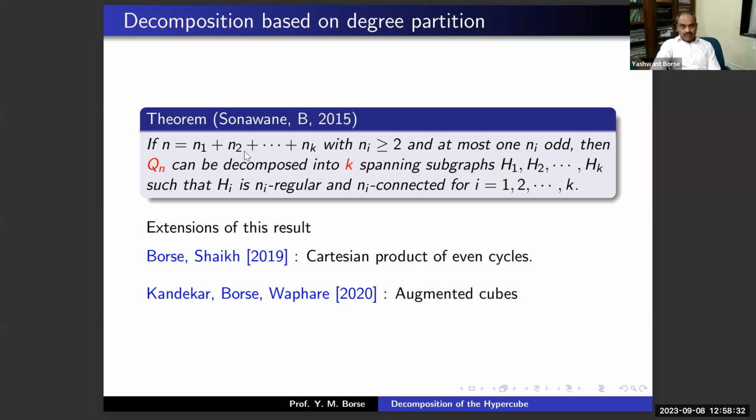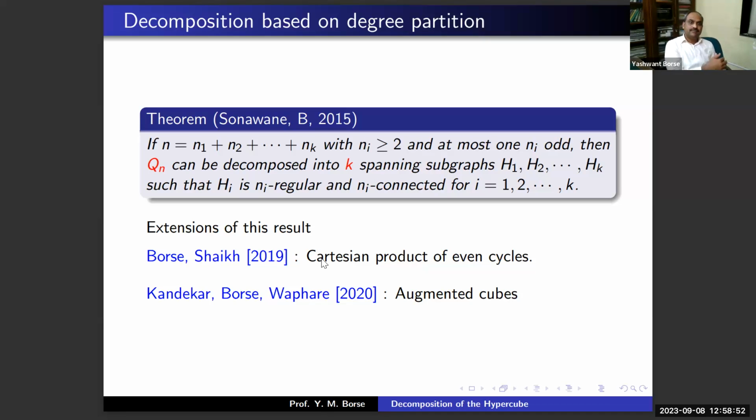But again here, the ni's are even, and at most one ni is odd. So one can try this problem in general and remove the condition of evenness. This problem is widely open for the remaining cases.